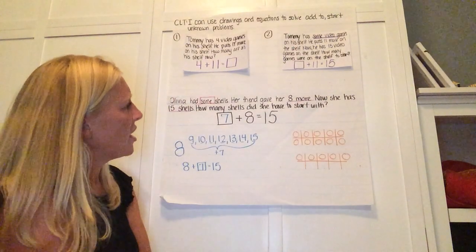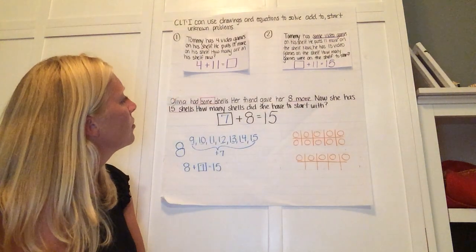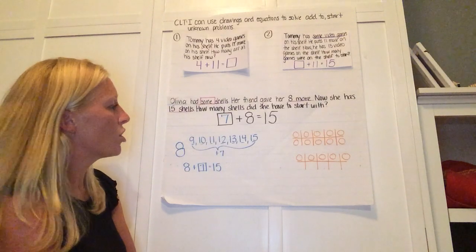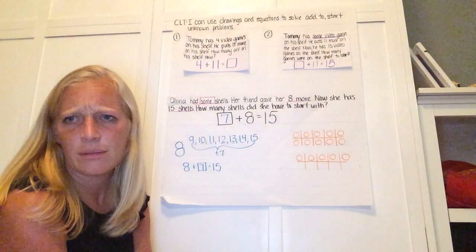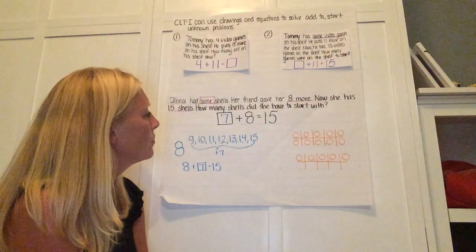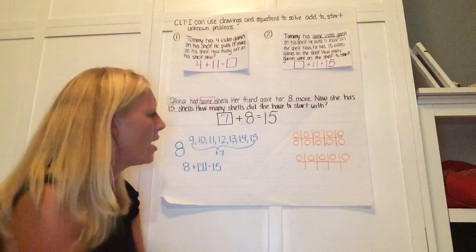What does that 15 represent? All of her shells. There's those 15 shells. Okay, then what did you do next? Took away 8.